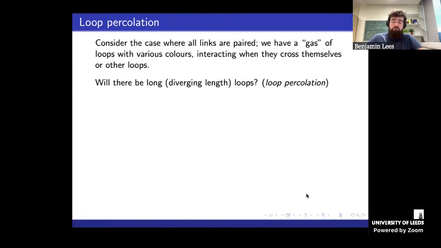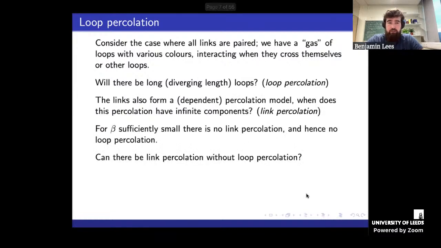And of course, if we're doing this on a finite graph, then we really mean, yes, we have to exhaust some infinite graph, some increasing sequence, and look at the lengths of loops and see if the length of the longest loop, for example, diverges as we take this limit. But there's another underlying percolation type thing going on here, a more familiar or classical percolation model, perhaps.